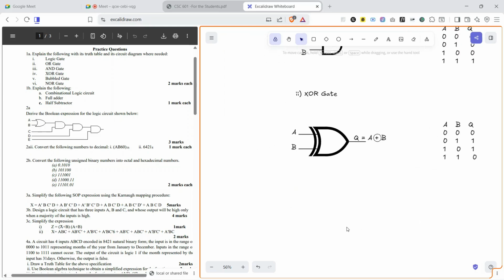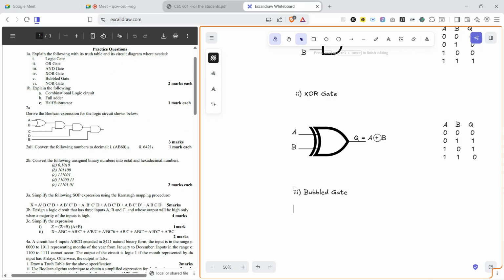So the next one is a bubbled gate. Bubble gates are basically an alternative gate that can be used in place of the original gate, and they have a bubble. That's the simplest explanation.